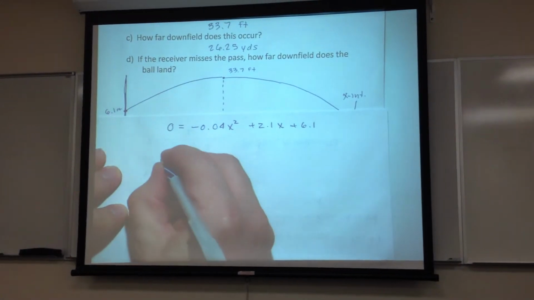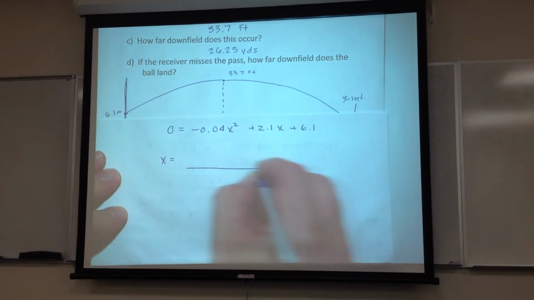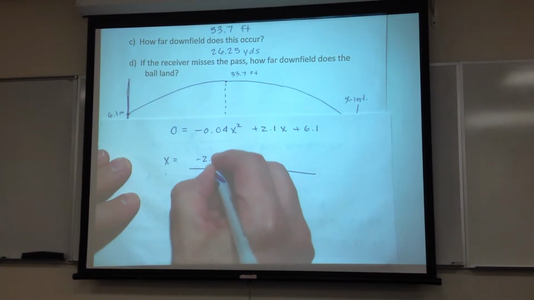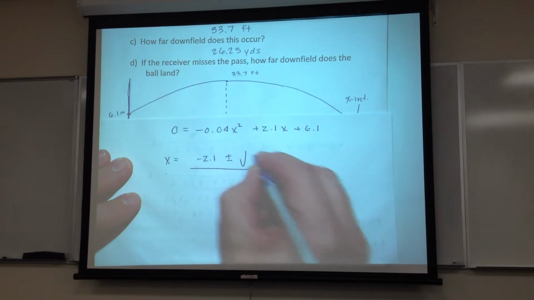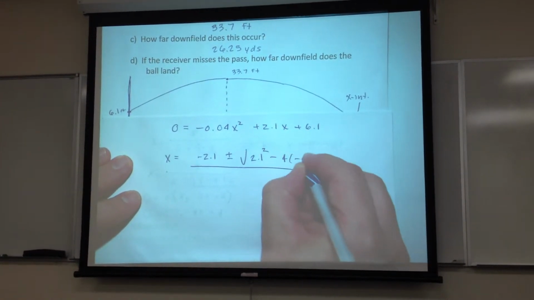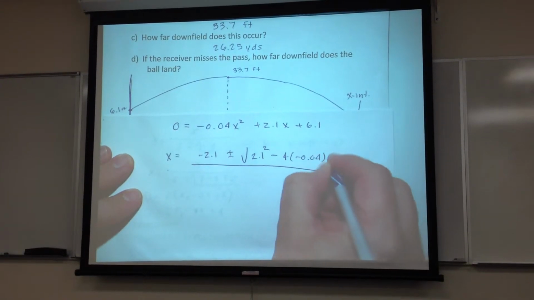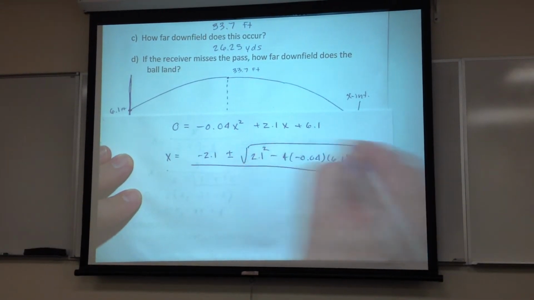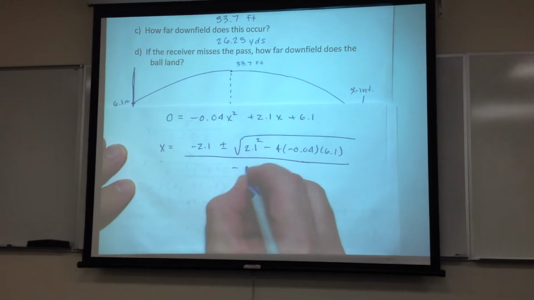All right. x equals a big fraction: the opposite of b, plus or minus the square root of b squared minus 4ac, all divided by 2 times a.